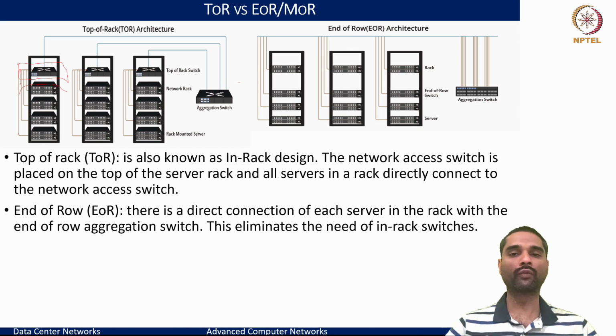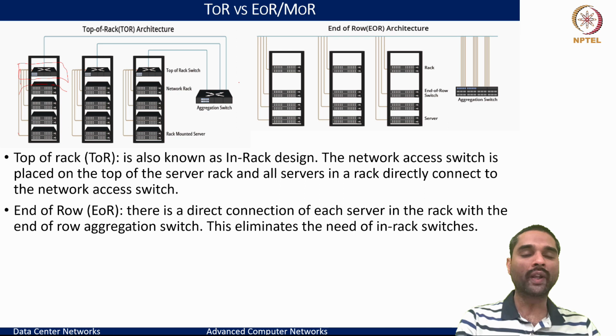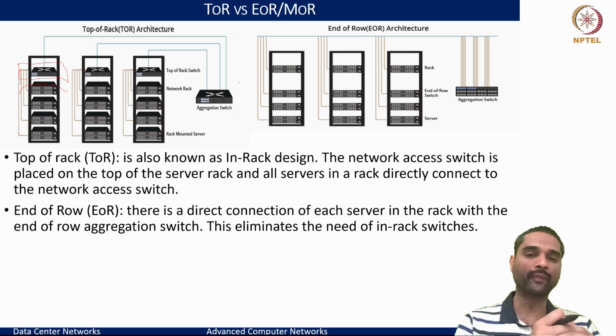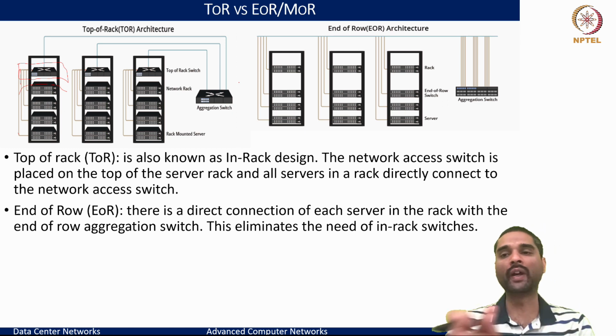One is called end of the row, wherein when you connect each of these racks, the racks need not have any switch which interconnects them. Rather, I would bypass this top of the rack switch and connect all of these devices directly to the aggregation switch.